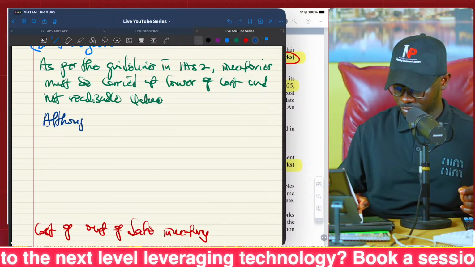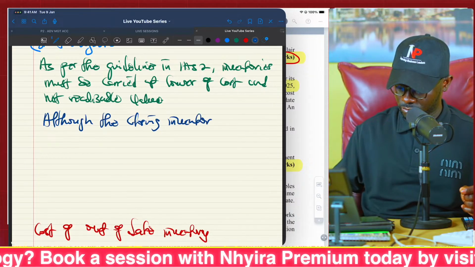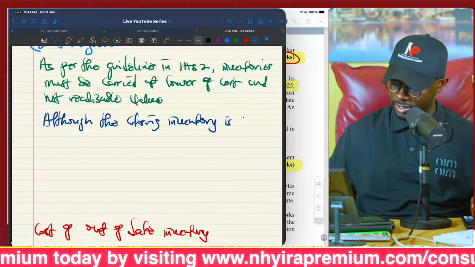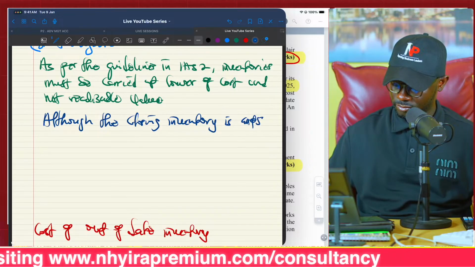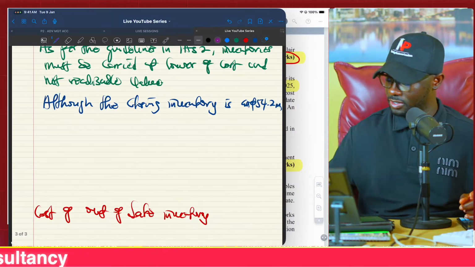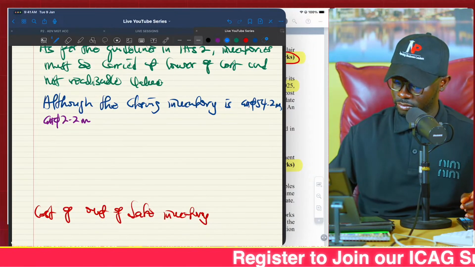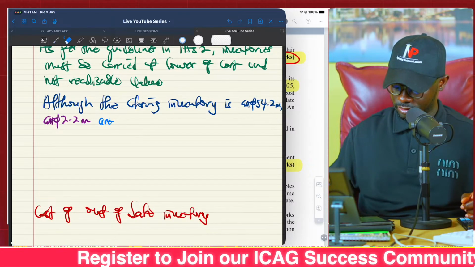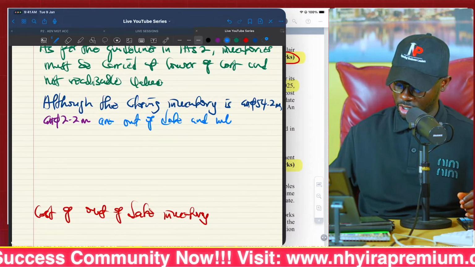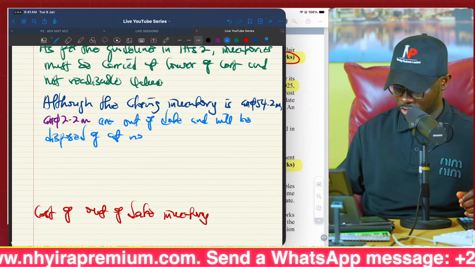Although the closing inventory is 54.2 million Ghana cedis, 2.2 million are outdated, or out of date, and will be disposed of at no income.